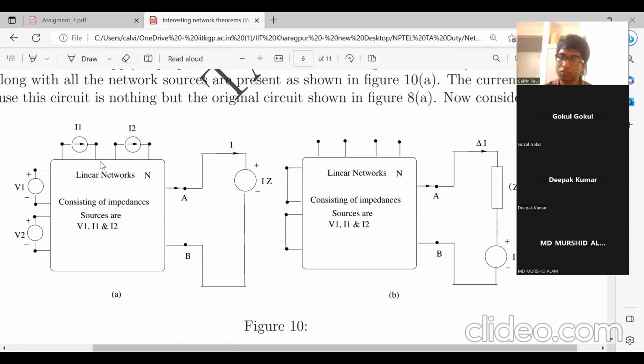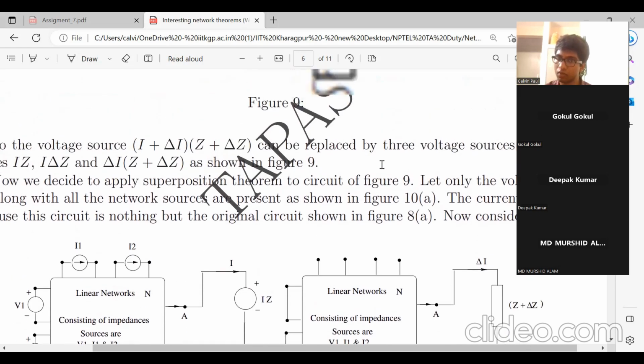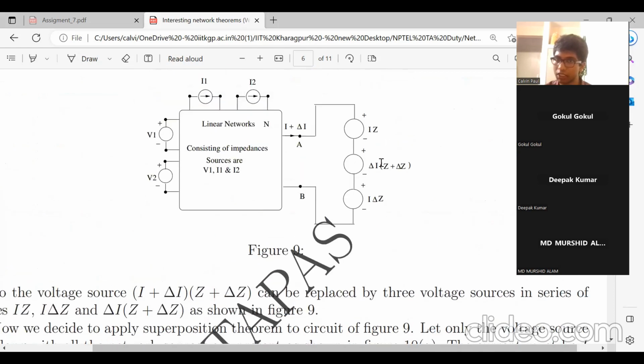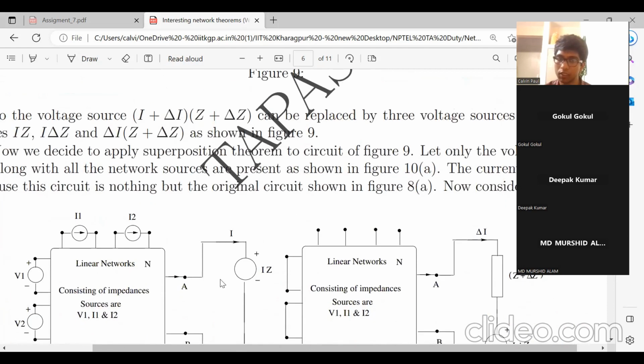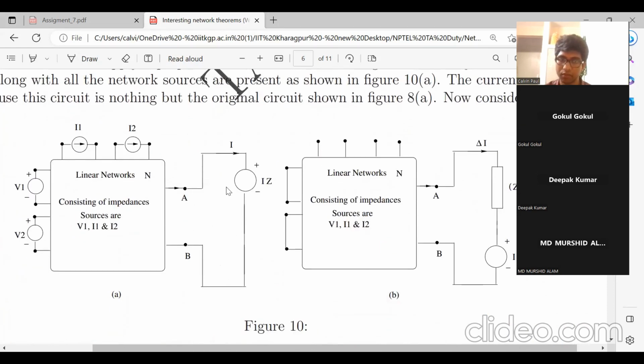If you see, this was actually the original network where the impedance is Z and the current flowing is I. So whatever was the change has been ignored, and it's just the same original network, and also all these other sources are active.